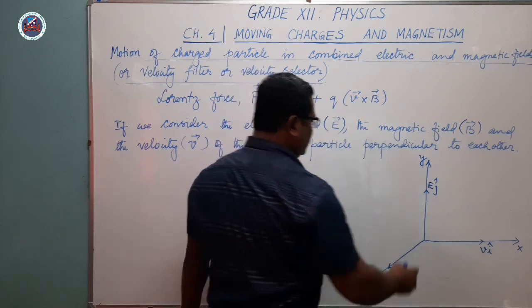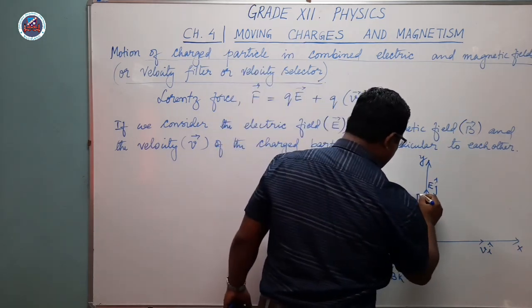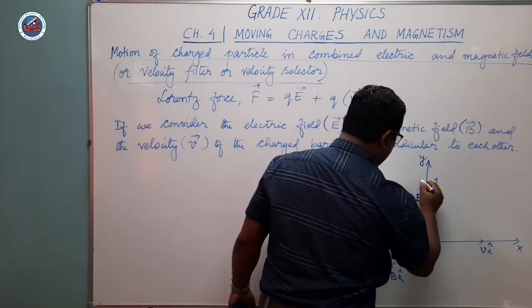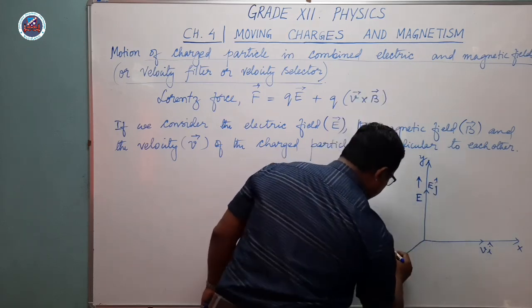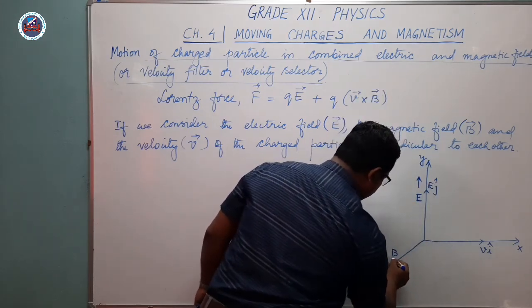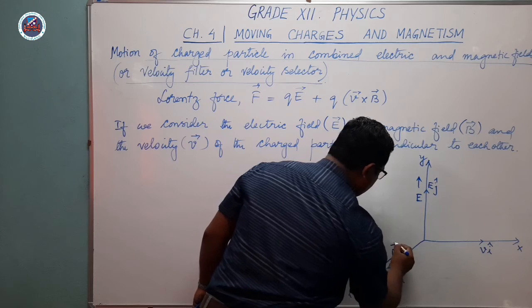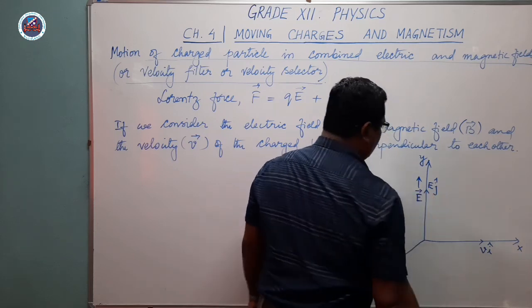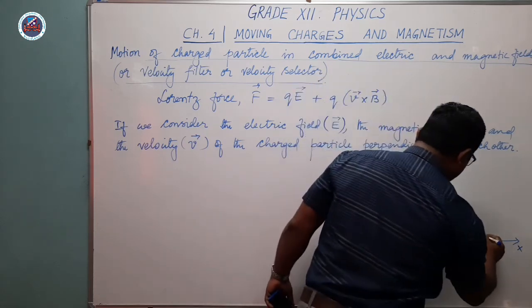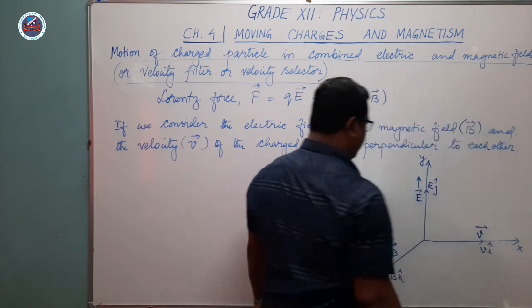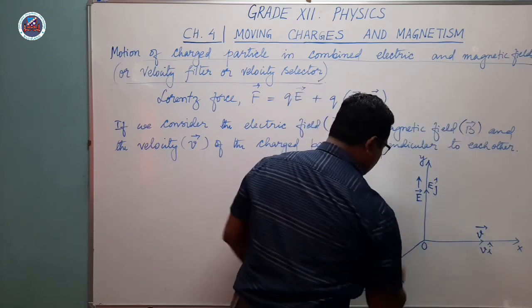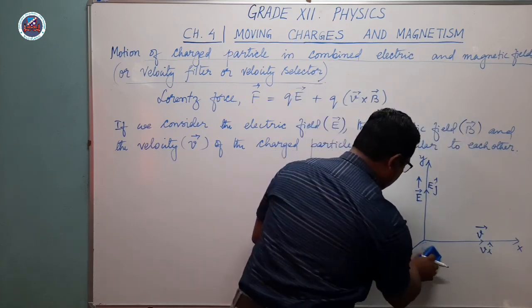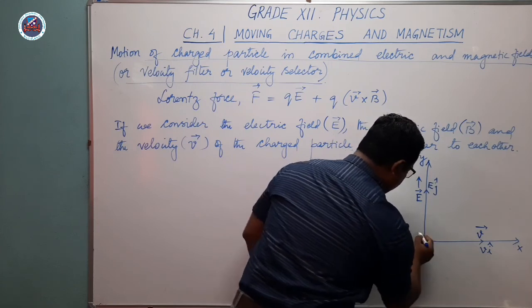The direction of electric field is this way, the magnetic field is this way. These are all vectors, and the velocity direction is towards the x-axis. If you take like this, the origin I write here.